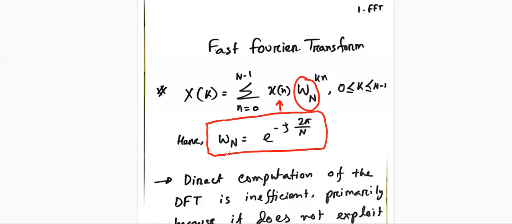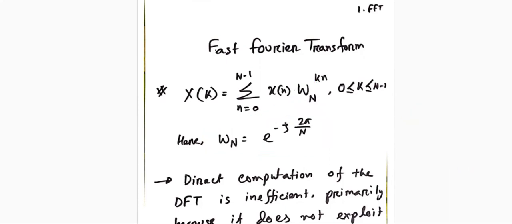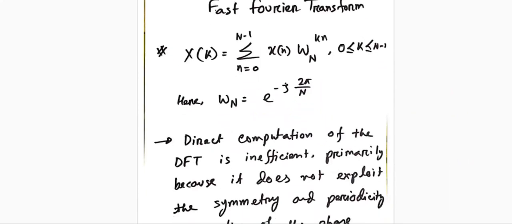We need to understand it for this algorithm: if we put W_N equals e to the power minus j 2 pi divided by N, then we can mention that if N is equal to N by 2, then this W can be notated as W subscript N divided by 2, because this number basically denotes this number. Okay, so this is the definition of DFT.